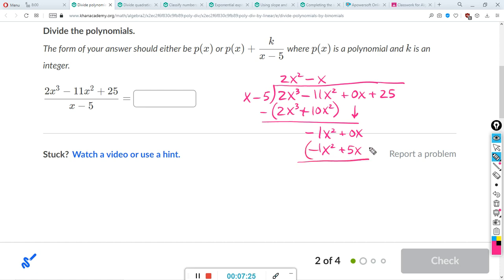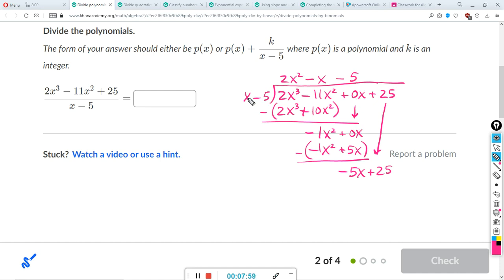Subtract using parentheses. Negative 1x squared minus negative 1x squared is 0. 0x minus 5x. Okay, and then bring down the final term. It's plus 25. Okay, so what times x is negative 5x? That's just negative 5, right?